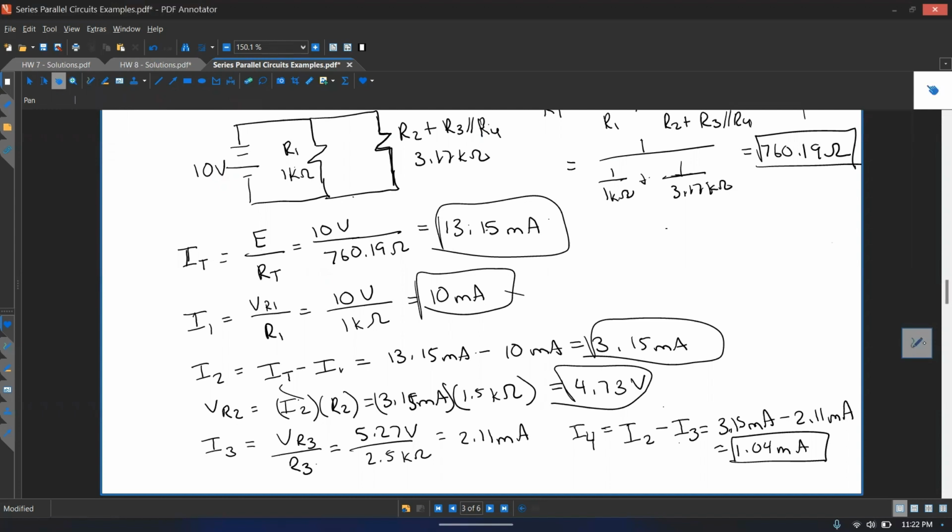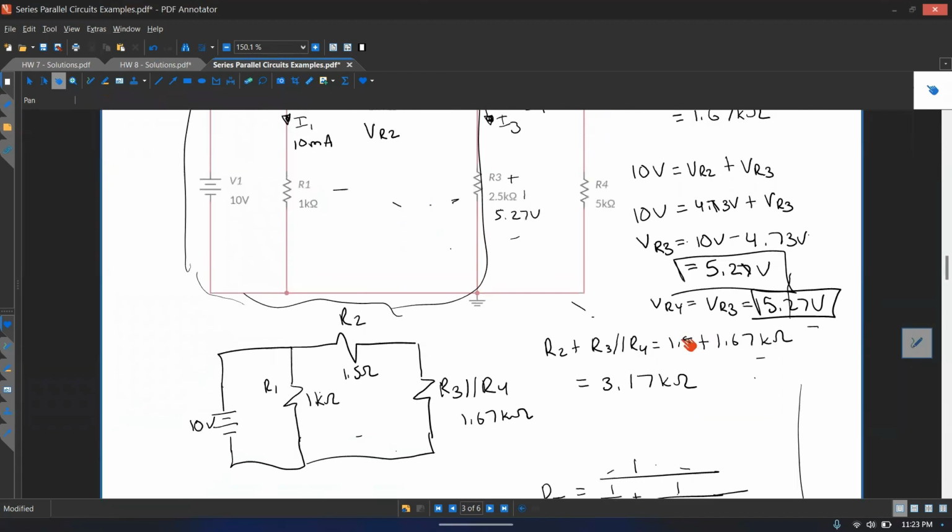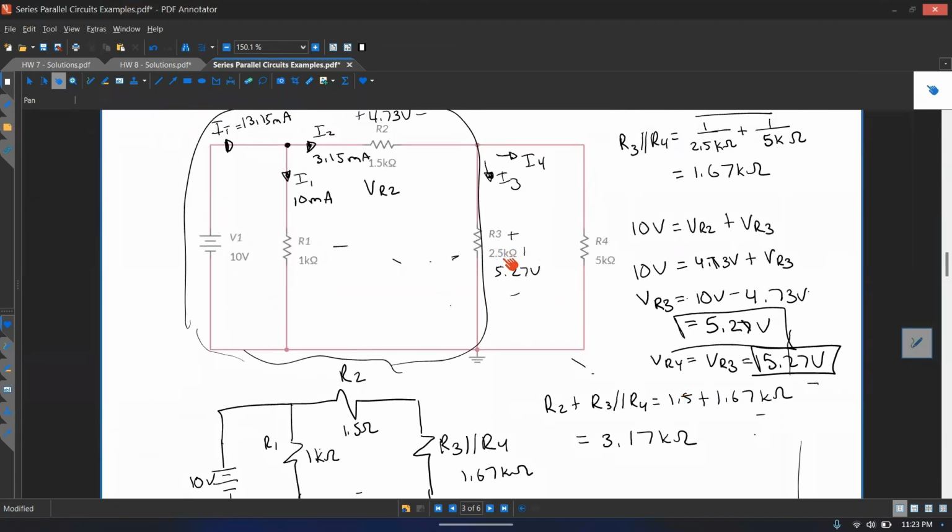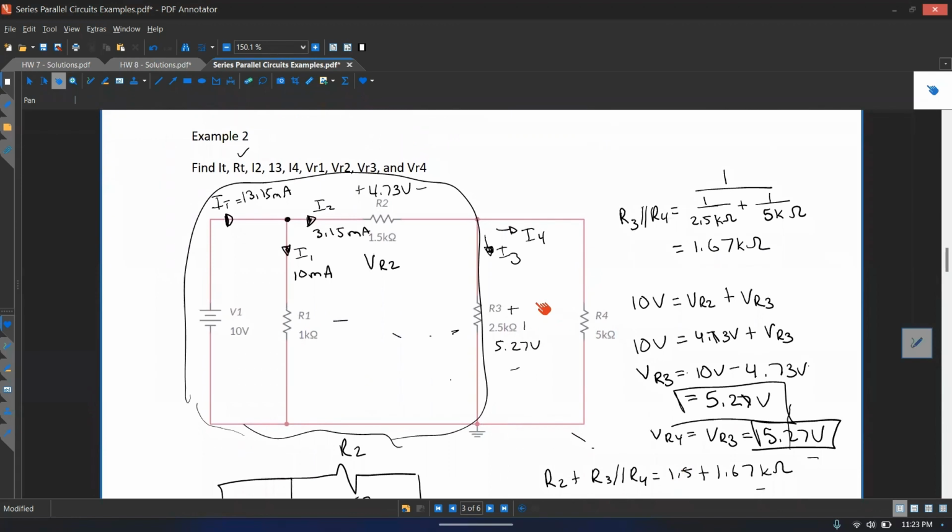All right, and you ask yourself, does that make sense for I4 to be smaller than I3? Well, in order for that to happen, R3 has to be smaller than R4. And is that the case? It is the case because current mostly follows the path of least resistance.